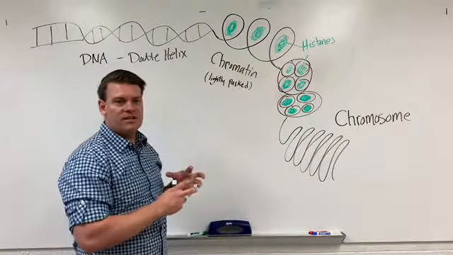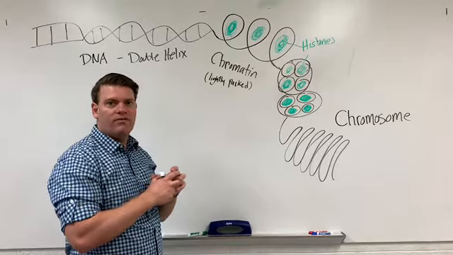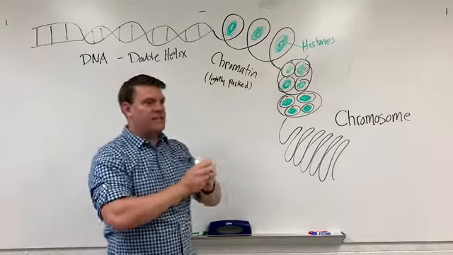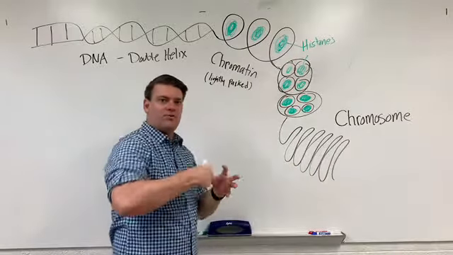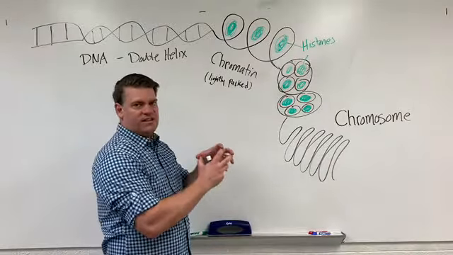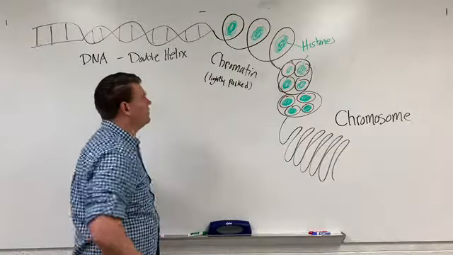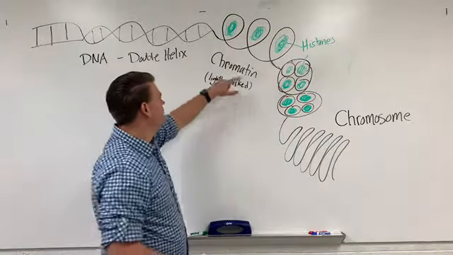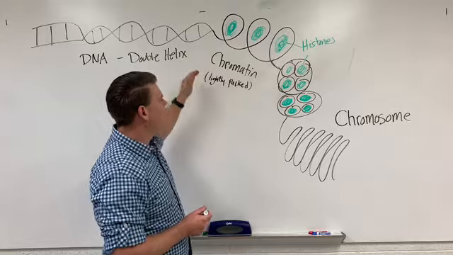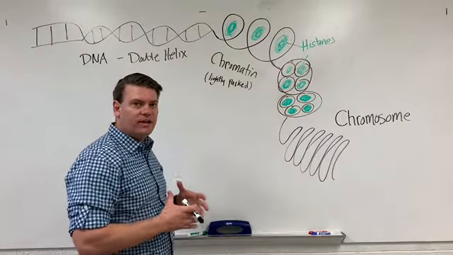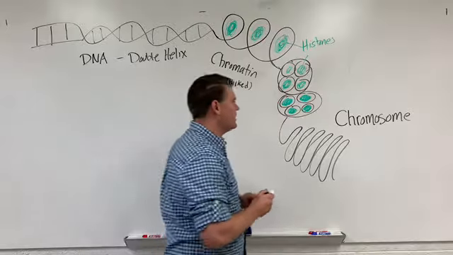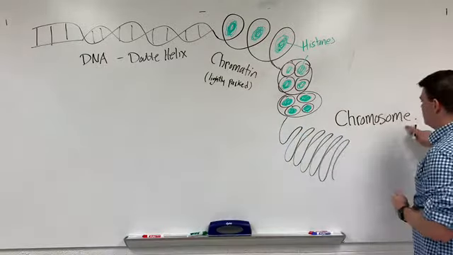Think of it almost like a ball of yarn: if you spread it out, it's a whole lot, but if you roll it up nicely, you can fit it in a nice condensed ball. That's what we do. We wrap it around and create this chromatin. And if we need to completely pack it up, so tightly packed, we then call it a chromosome.